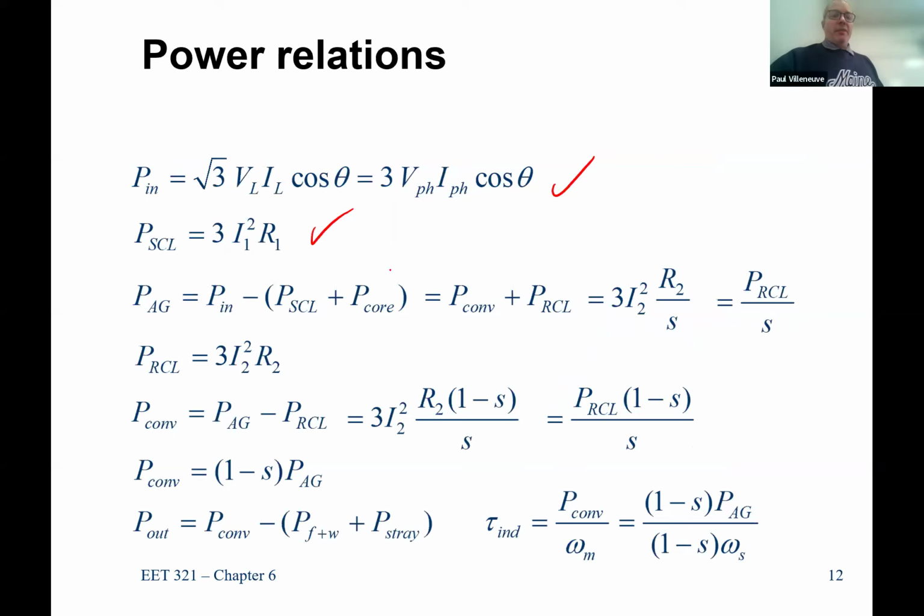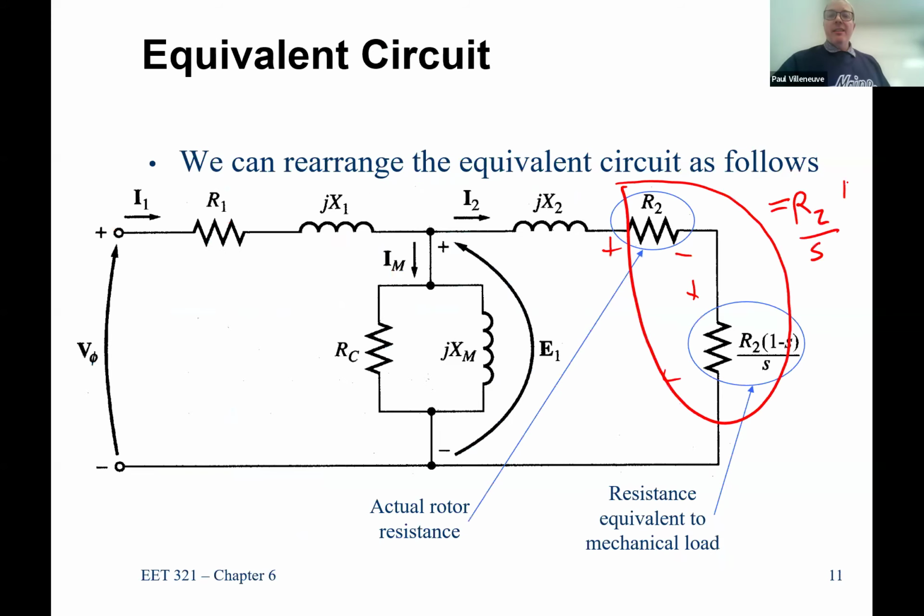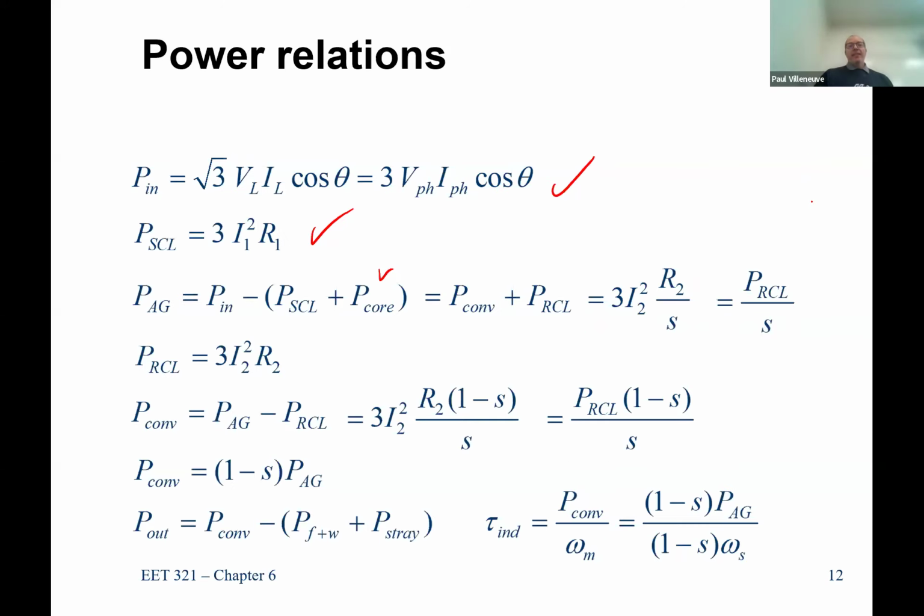We started with this one, but we know that the air gap power is also going to be equal to the converted power plus my rotor copper losses, right? But that is the same thing as I squared times R2 over S, isn't it? Because that's the total converted power. So if I substitute R2 over S, I'm close.